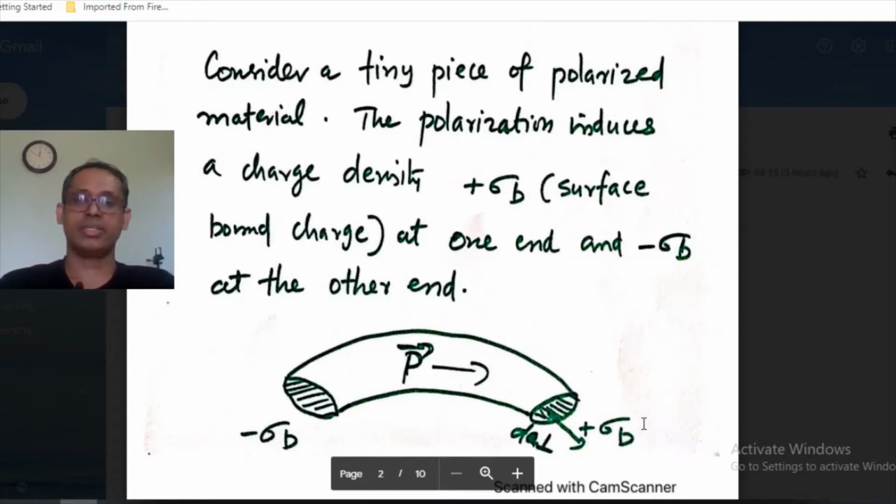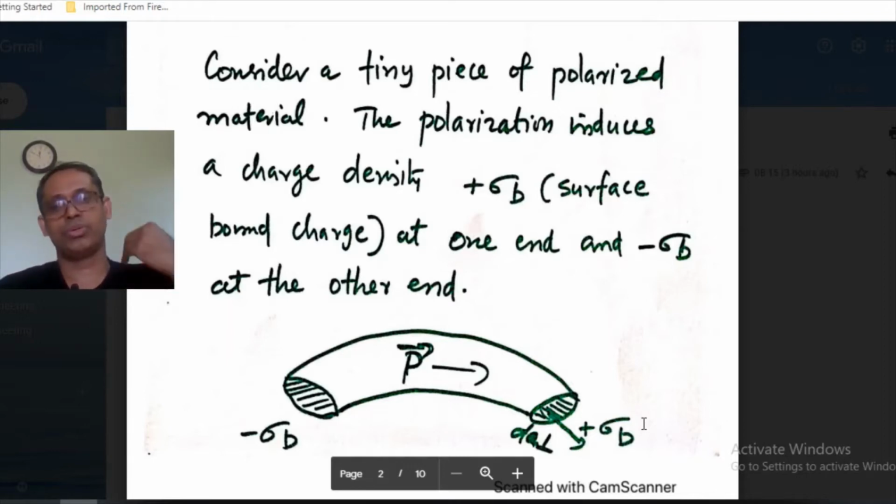I think you have understood why we have plus charge at one end and minus charge at the other end: it is due to the cancellation of the charges within the material, and at the two ends the charges cannot be cancelled.